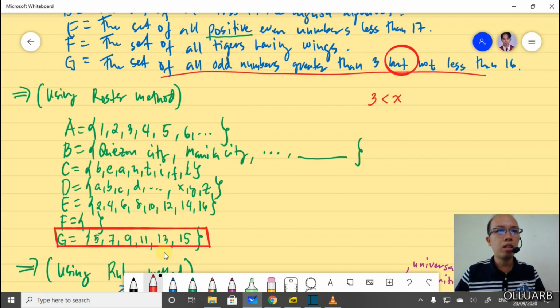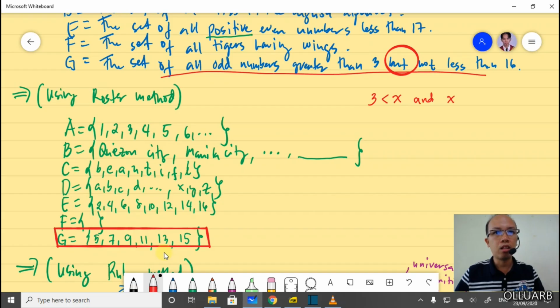The word "but" here is synonymous to the word "and." So it says here that your x is an odd number greater than 3 but not less than 16.